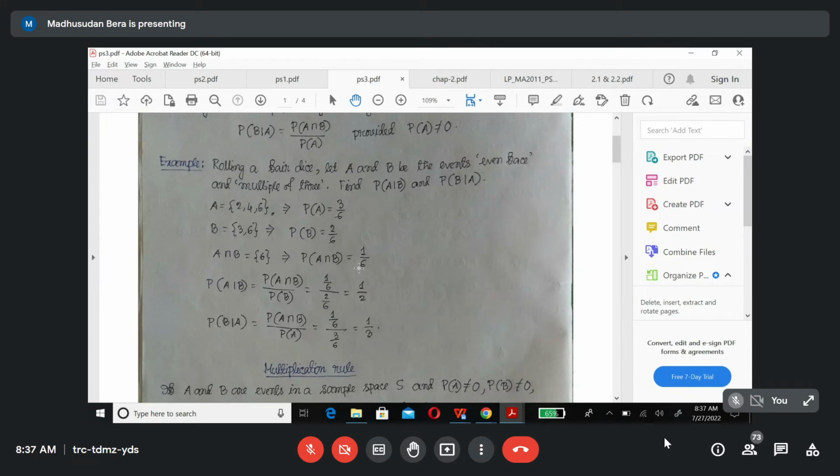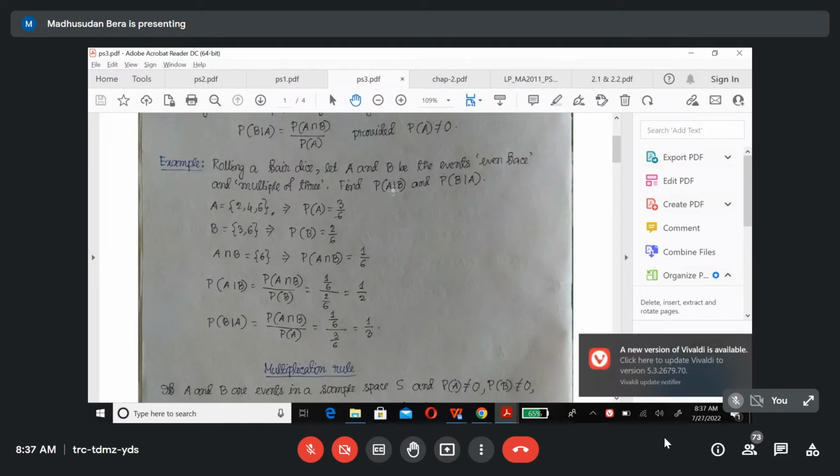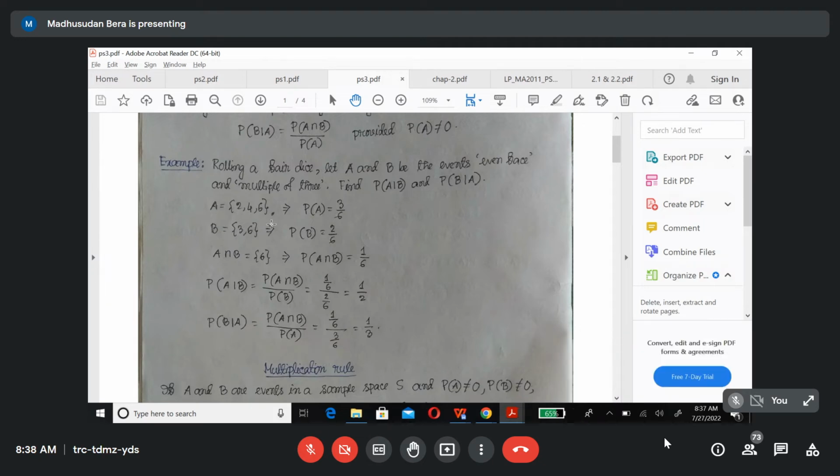Yes, sir. Now one thing I am telling. A given B means inside B we will find the probability of A. See, here we have P of A intersection B. When B occurs, then we will find the probability of A. So we can think this way, the new sample space is B. So B is 3, 6.